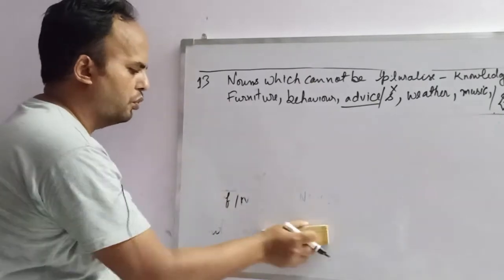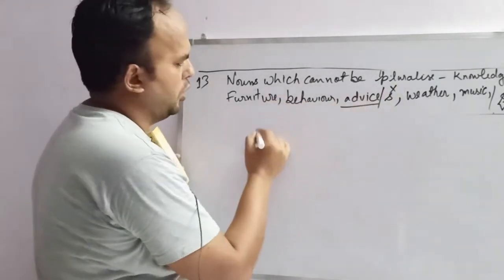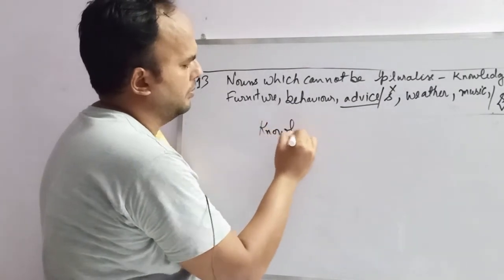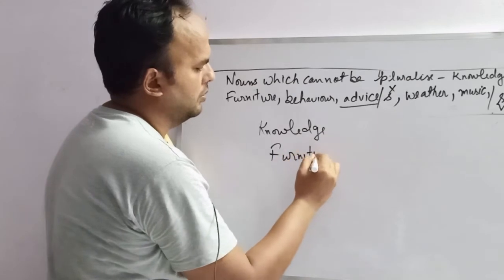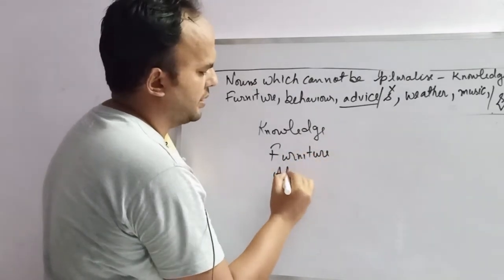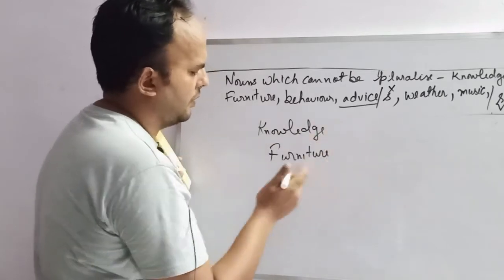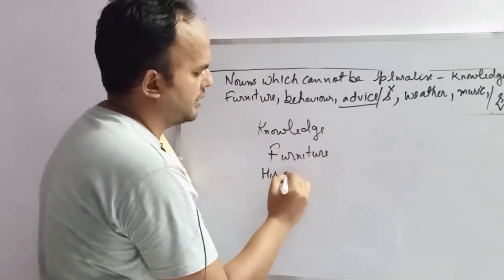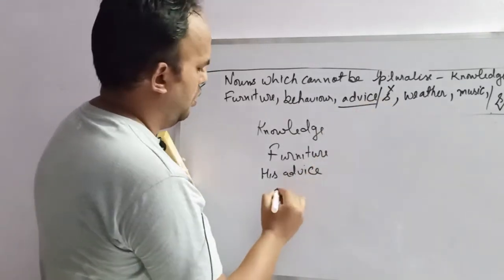Example of rule number 13. What does it say? Knowledge, furniture, advice, or I can say his advice, weather.